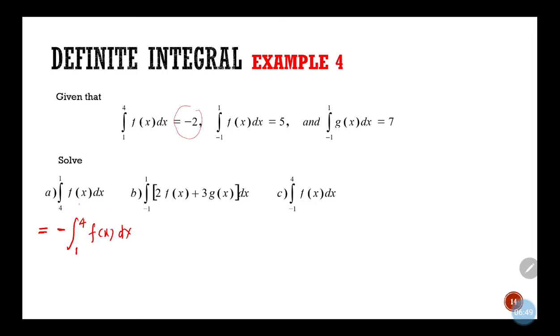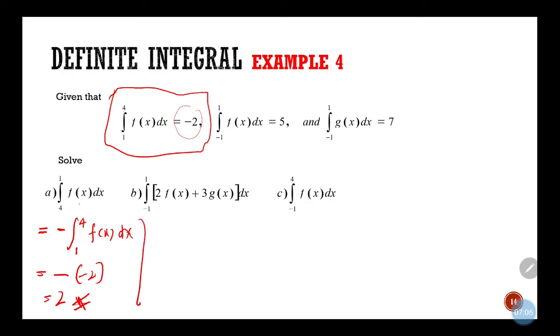Dia punya order tu dia complement je lah, so the answer will be negative. We know that integration of fx dx from 1 to 4 is equals to -2, so here the answer is equals to 2. Simple kan?